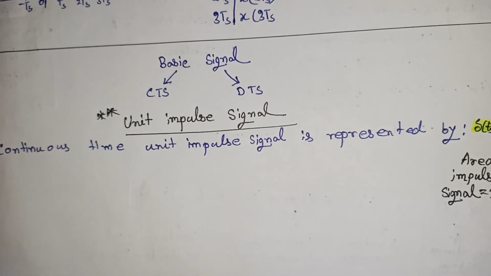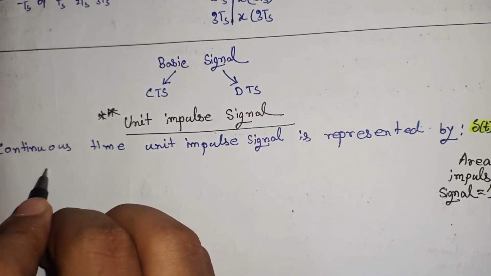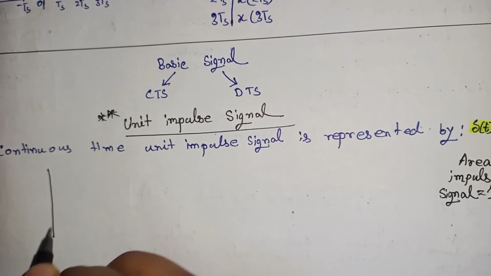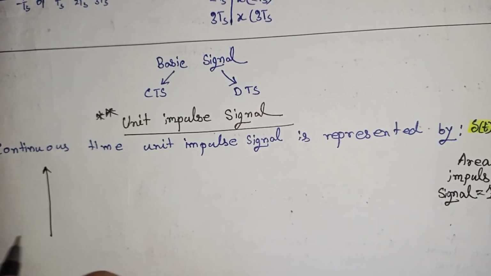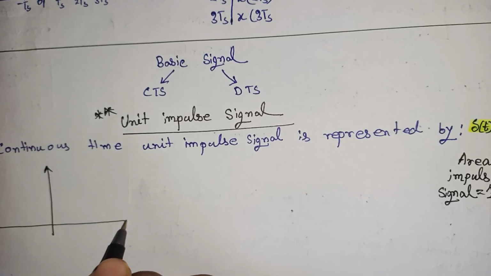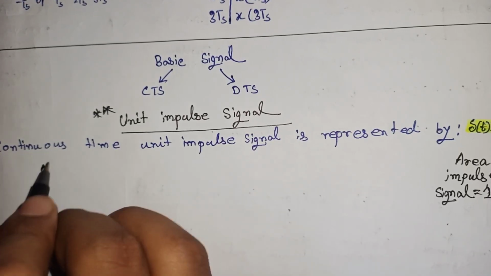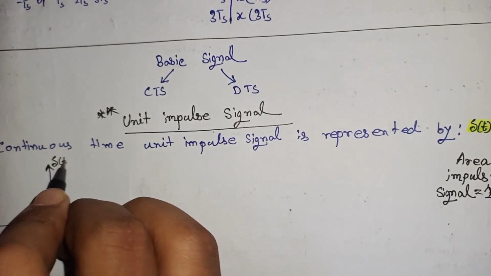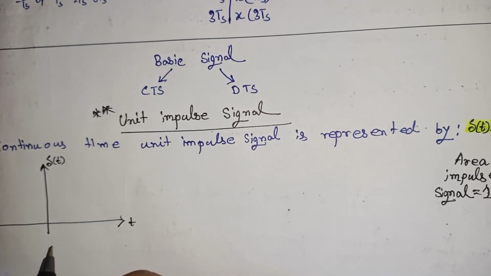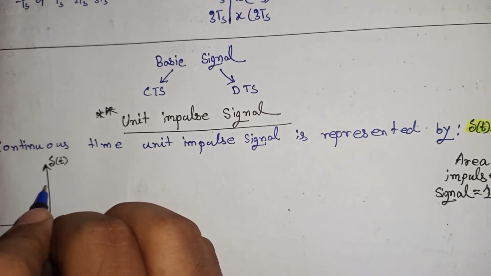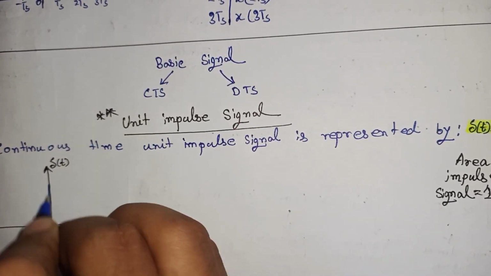Graphically, if we represent it, del t versus t, it will look like this.